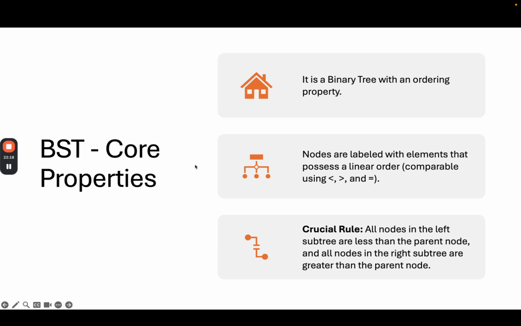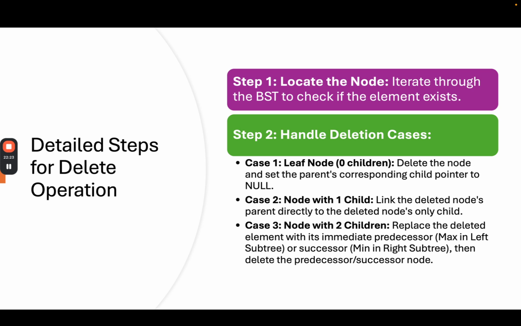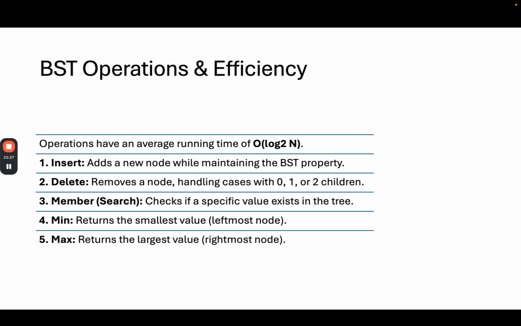As a challenge for you, I want you to try and code the BST implementations for insert, delete, member, min, and max. For insert, it's very simple: given your tree and a new value to insert, insert the node into the BST.